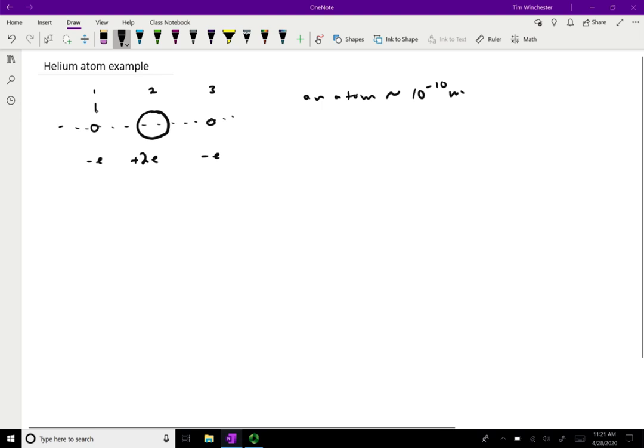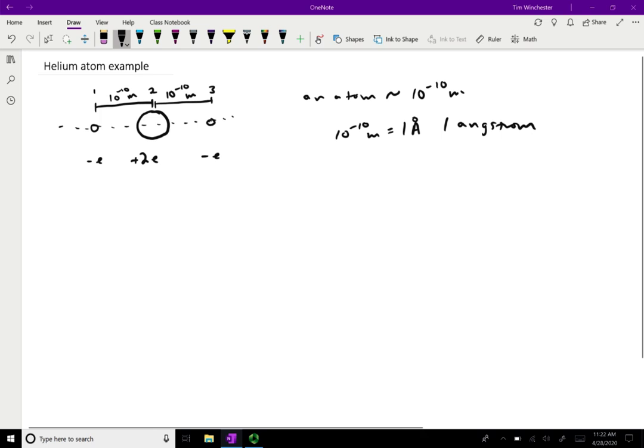So I'm going to say that this distance is 10 to the minus 10 meters, and similarly, this distance is also 10 to the minus 10 meters. That's a common enough unit that there's actually a name for it. So 10 to the minus 10 meters is sometimes called 1 angstrom, which is an A with a little circle over it, spelled like that.